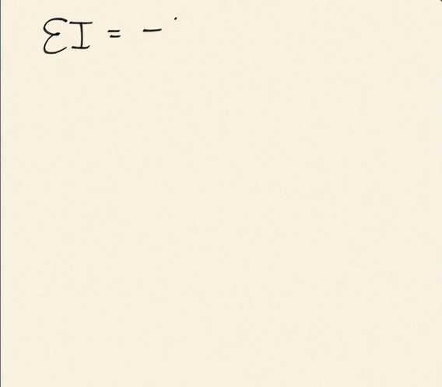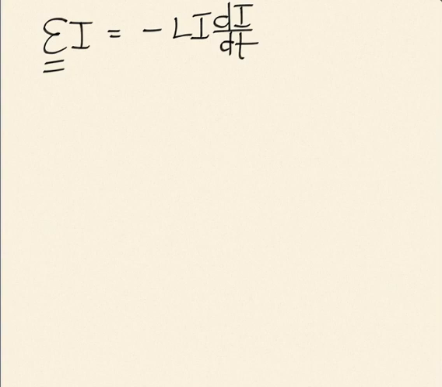So that's going to go like minus L i di/dt. I'm just replacing the EMF. This is the power. If I want to know the energy that has been used up because of pushing current through the inductor, I just integrate this with time.